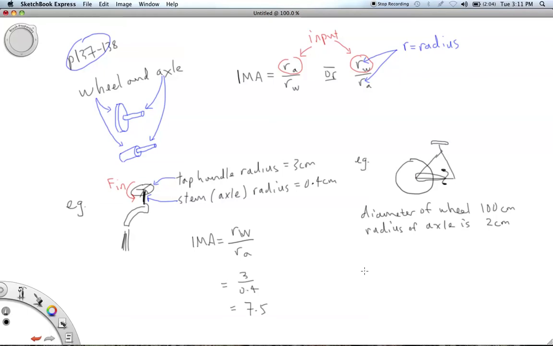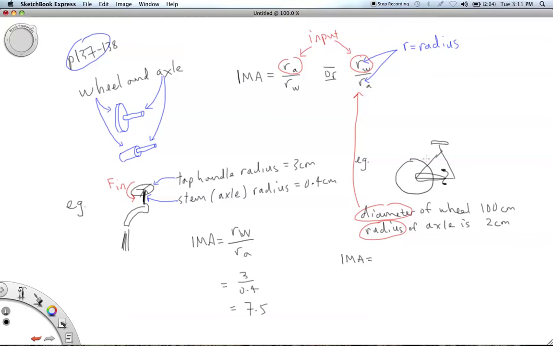So you want to find the IMA. Now you can hopefully have recognized here that I'm trying to trick you. I've given you one that's the diameter, the other's the radius. But for the formula, both of them require the radii. So before we even get to that conversion, let's think of the formula I'm going to use, because I've got two versions.